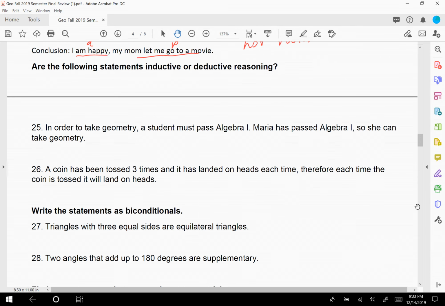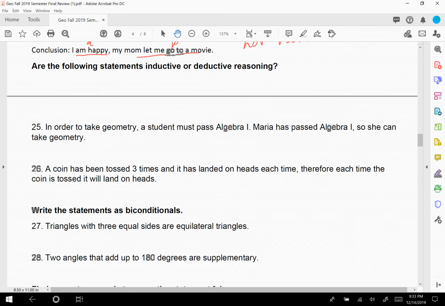Okay, it says, are the following statements inductive or deductive reasoning? And so remember, inductive is your specific situation, and then you translate it into a general rule.